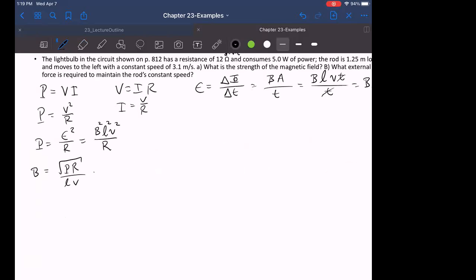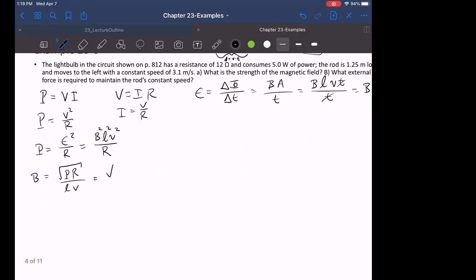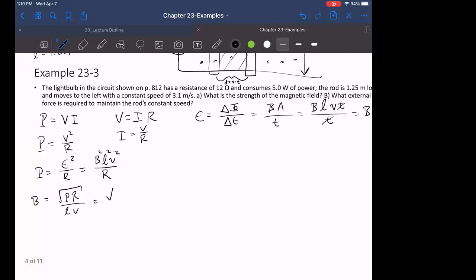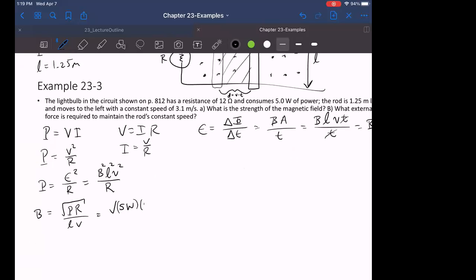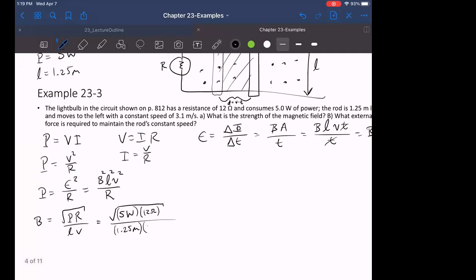And so we come back over here and we say square root of power is 5 watts times 12 ohms over the length, which was 1.25 meters, times the speed, which was 3.1 meters per second.